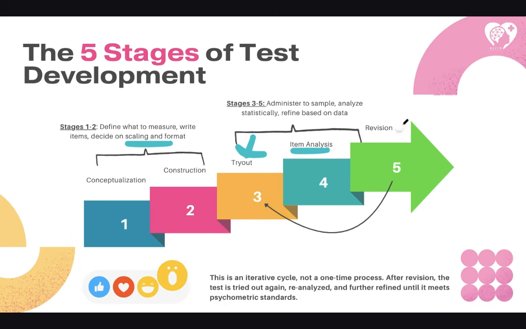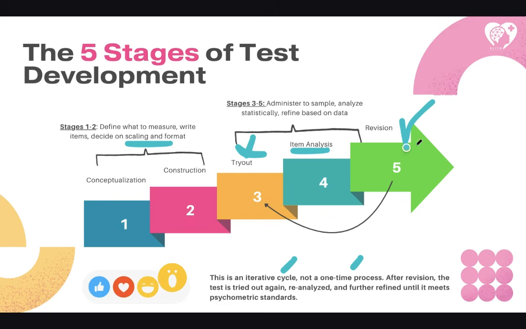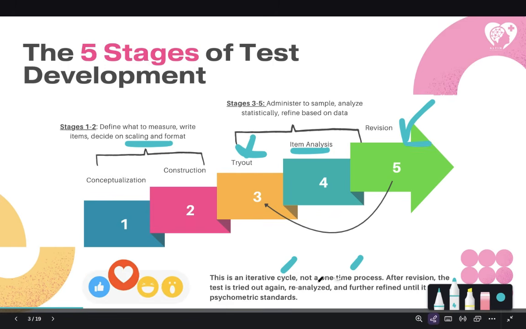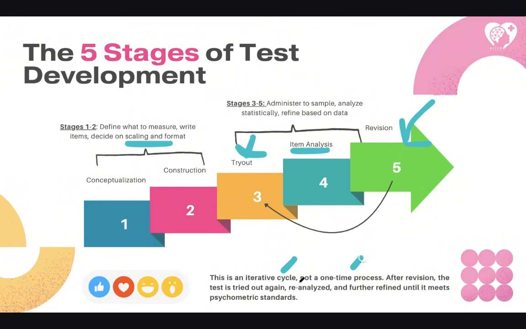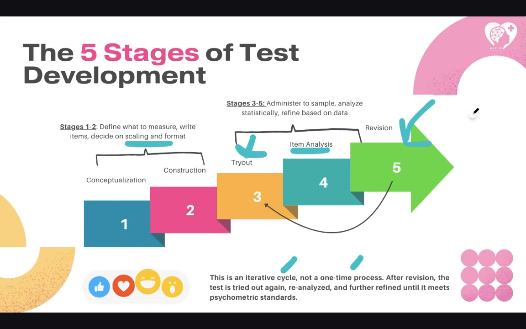It's an iterative cycle. It's not a one-time process where after stage 5 the test is done, or after deleting the item it's done. It's an ongoing process. So after revision, we try out again on a certain sample, then analyze again until we achieve our standard, until we can say, okay, this is a good test already. We can now use it for research. We can now use it as a diagnostic tool. We can now use it for school placement.